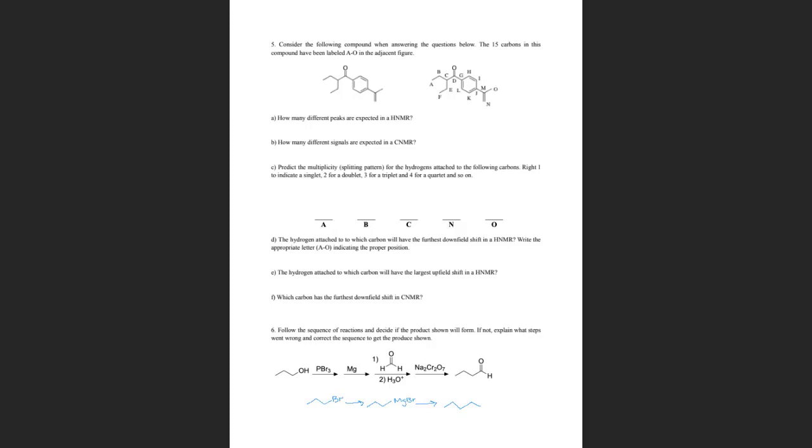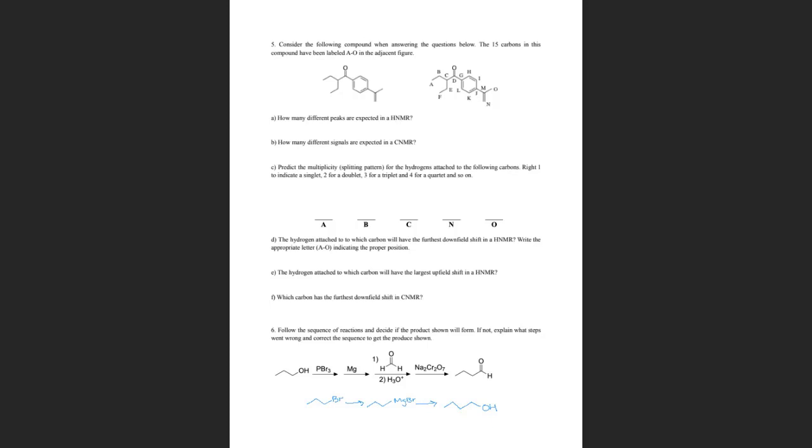Not carboxylic. Usually whenever you react a Grignard with a carbonyl, you end up with an alcohol, but different kinds of carbonyls will give you different kinds of alcohols. Yes, primary alcohol. If you had an aldehyde, it would give you a secondary alcohol. If you had a ketone, it should be a tertiary alcohol.